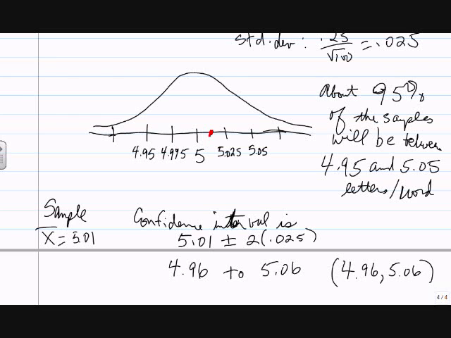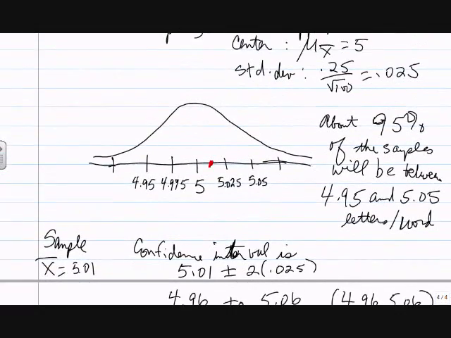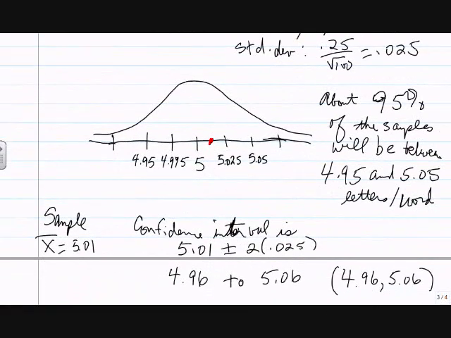Okay? So I'm going to mark on my graph here where 4.96 to 5.06 would be. So let me just do that with my little highlighter. 4.96, 5.06.